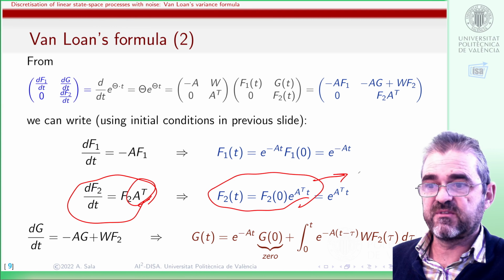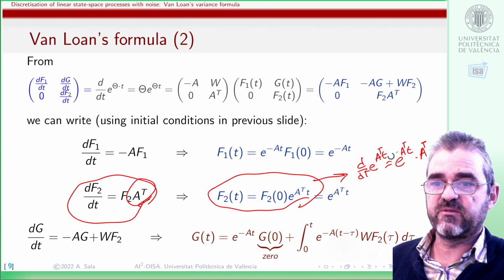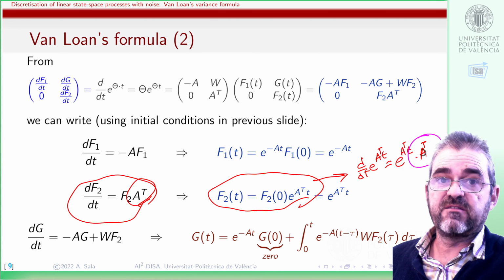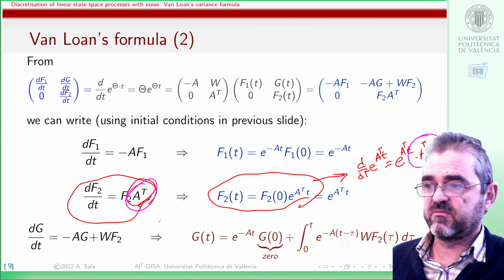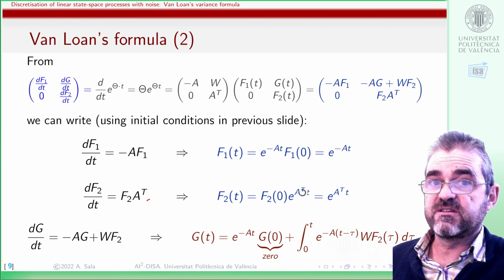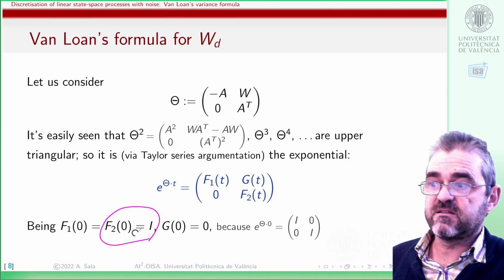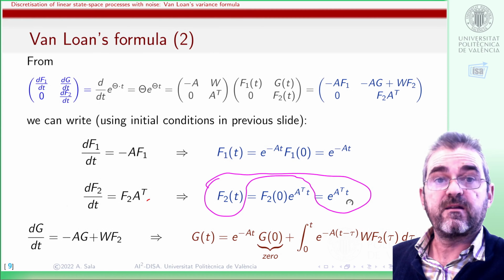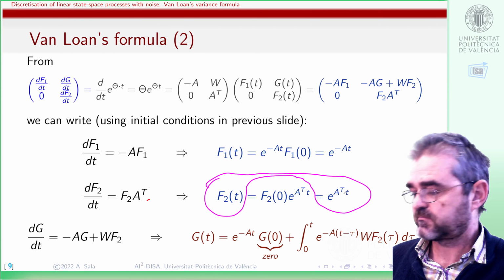Indeed, if we take the time derivative and use this property of the matrix exponential, we see that the time derivative of this thing just multiplies at the right by a transposed, which is what we wish to obtain. So this is the solution, and again, as f2 was identity as initial condition, this is 1, and we readily solved for f2.